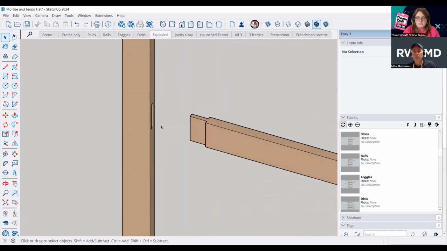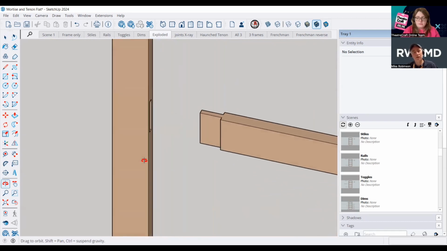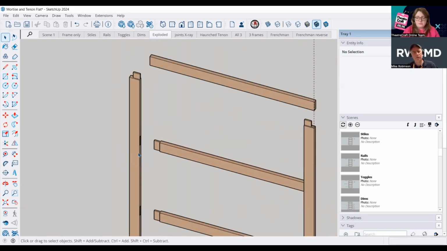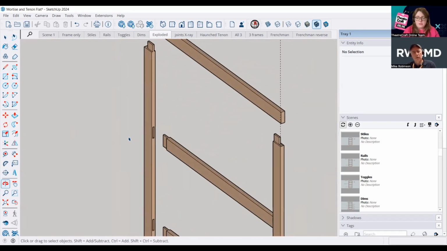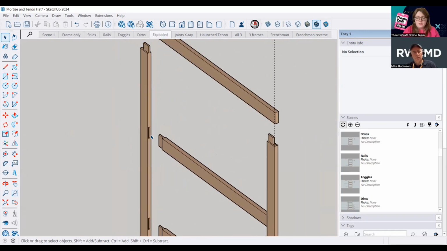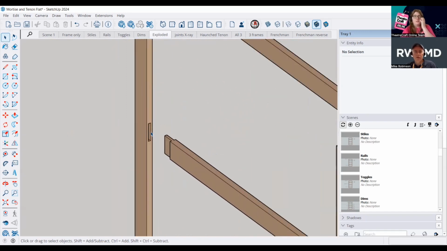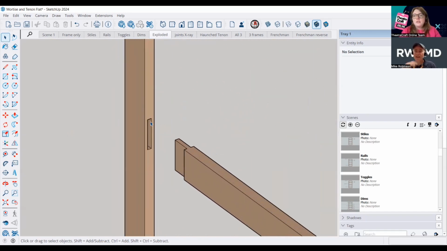So tenon and mortise, I always say, we normally tip it up and look at the mortise and, a little bit morose, do apologise, but it does look like a grave.